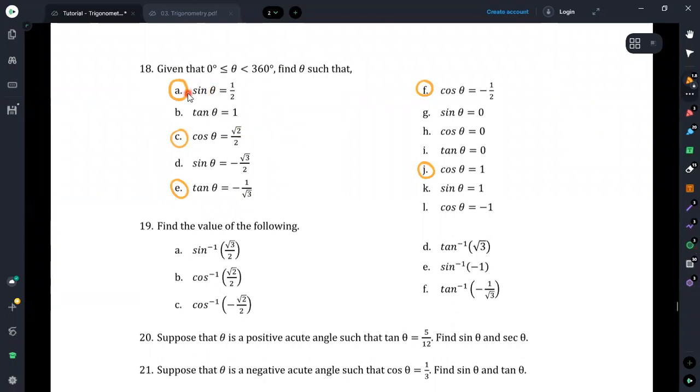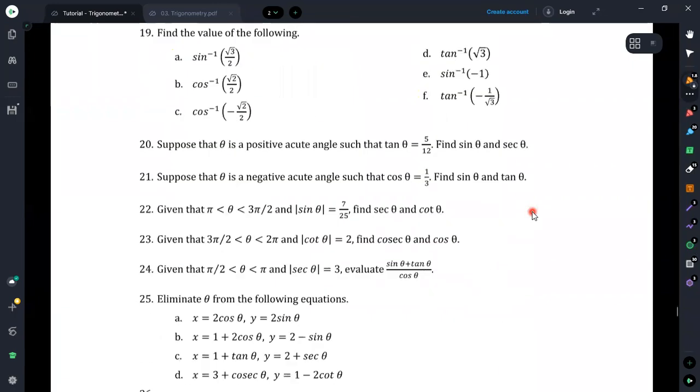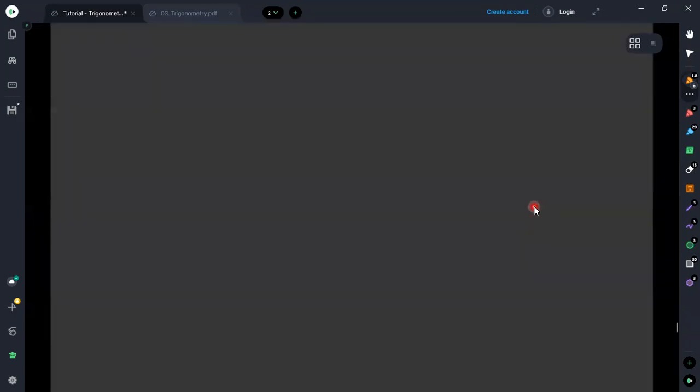The first part asks to find theta where sine theta equals half. Question number 18, part A. It is given as sine theta equals half.